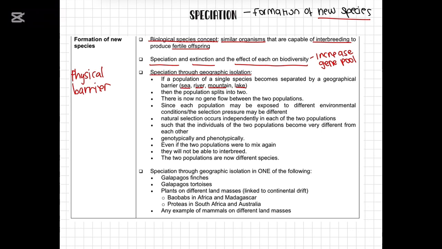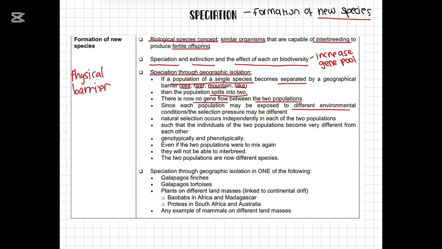Now they say that this population is split by a geographical barrier. The population is then split into 2. There will therefore be no gene flow between the 2 populations that are split.